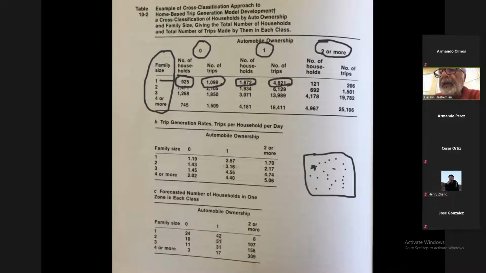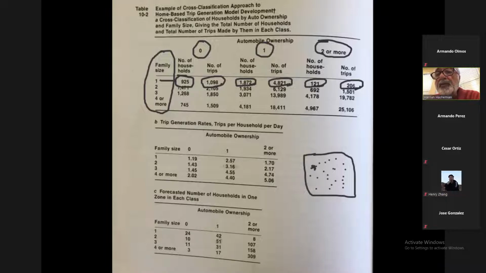And then the same thing, one person in the household, there were 120 of them that had two or more cars. And the number of trips they made was 206 trips. So you read this table this way. So we collected those data and arranged it in this table such as what you see.